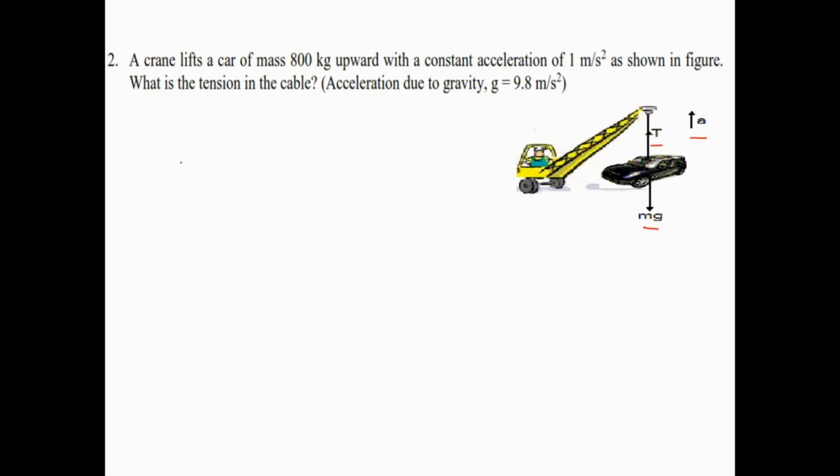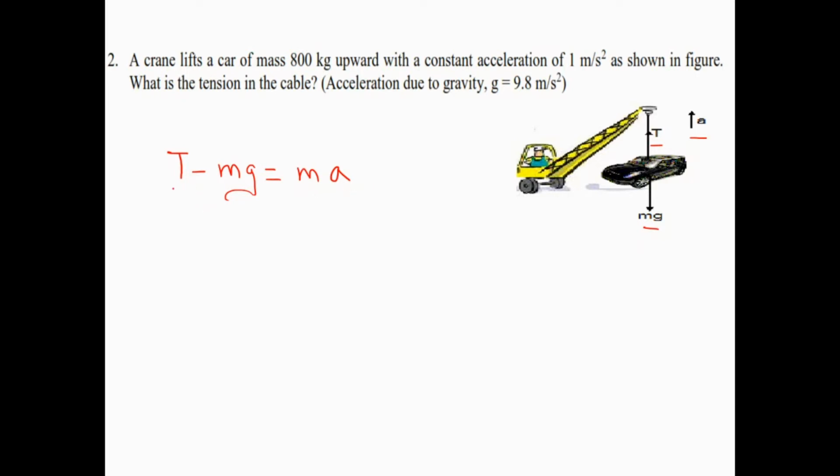Tension, my upward force, minus my downward force, which is the force due to gravity, is equal to mass multiplied by acceleration, because we have the upward acceleration of 1 meter per second square.